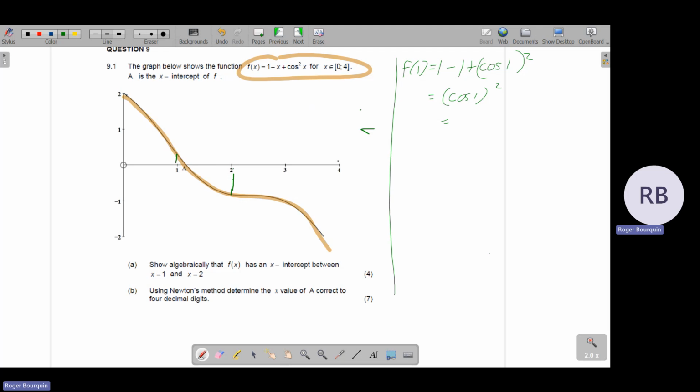And cos of 1 squared is equal to 0,2. So even if you didn't have a picture, we've worked out that when x is 1, y is 0,2, but without a picture you could do the same thing.